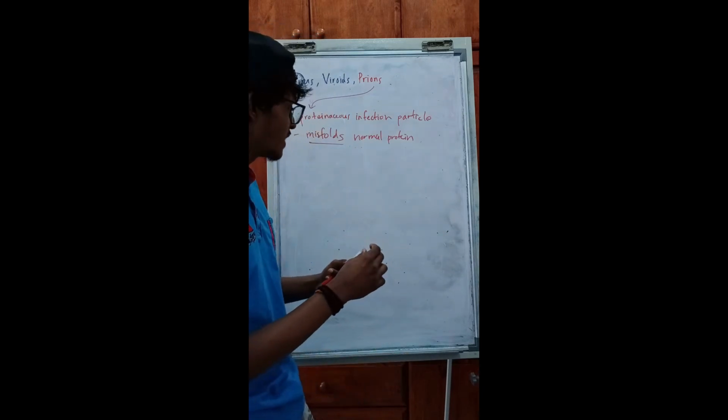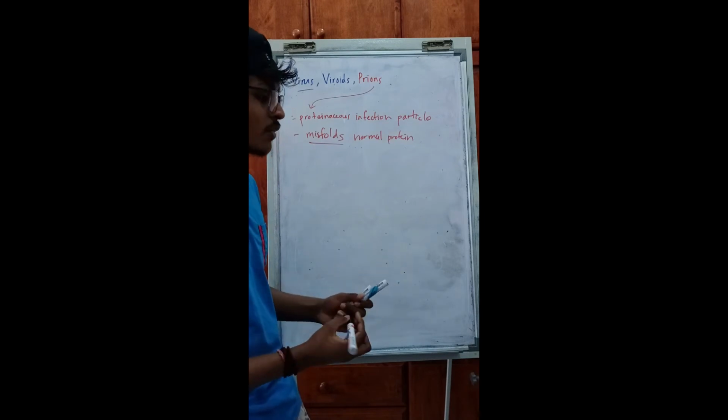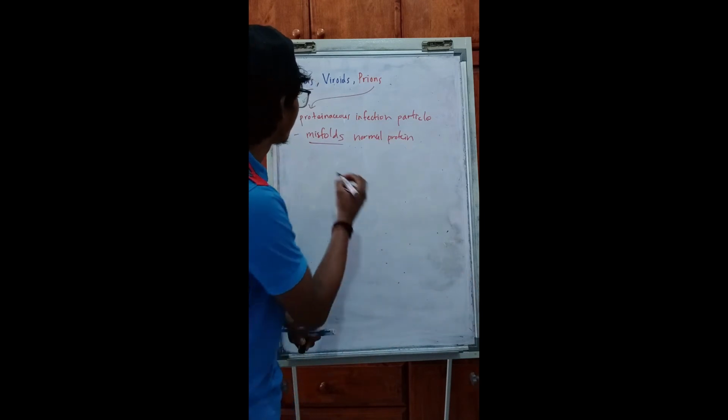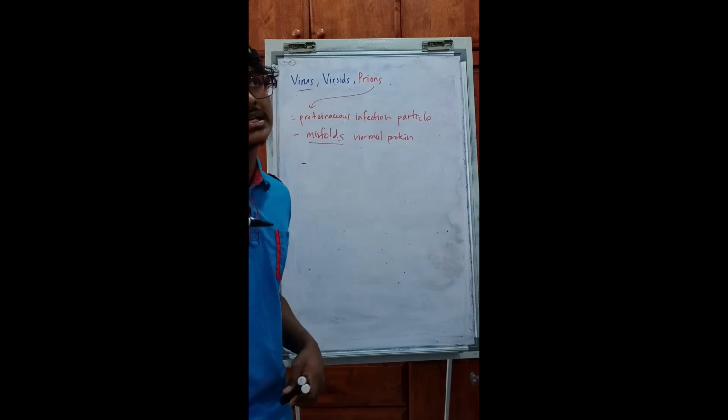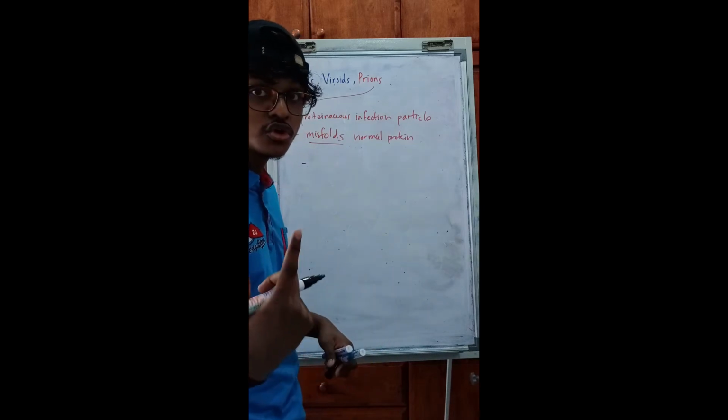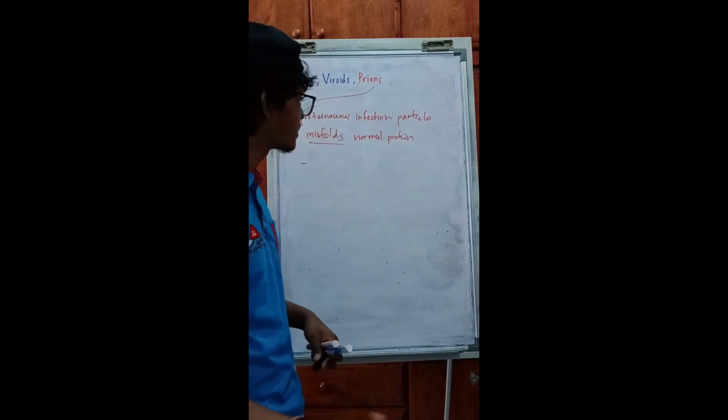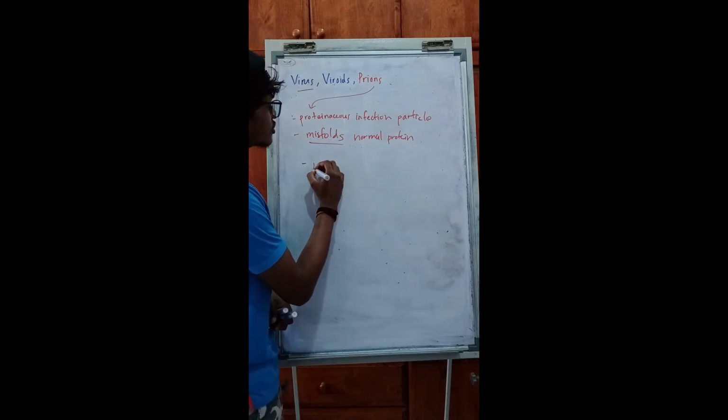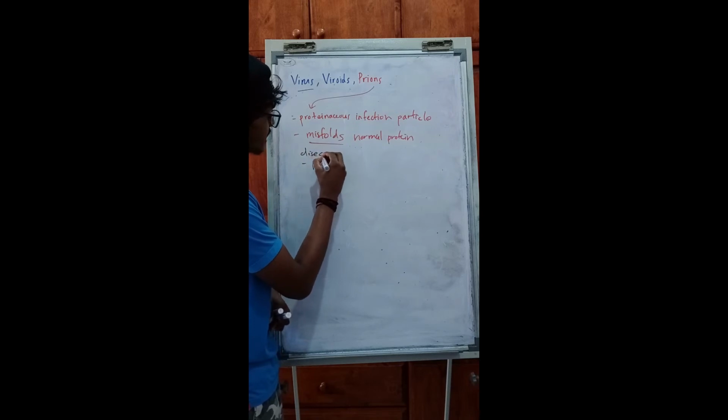Prions normally cause diseases in the neural system. First of all, it causes BSE.